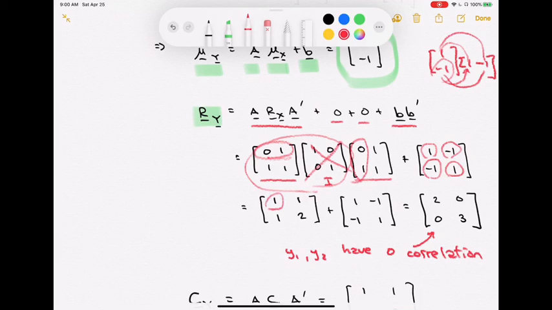Next, the first row and the second column: 0 times 1 plus 1 times 1 is just 1. Then the lower row, [1, 1], with the first column [0, 1]: 1 times 0 plus 1 times 1 is 1. And then [1, 1] with [1, 1]: 1 times 1 plus 1 times 1 is 2.